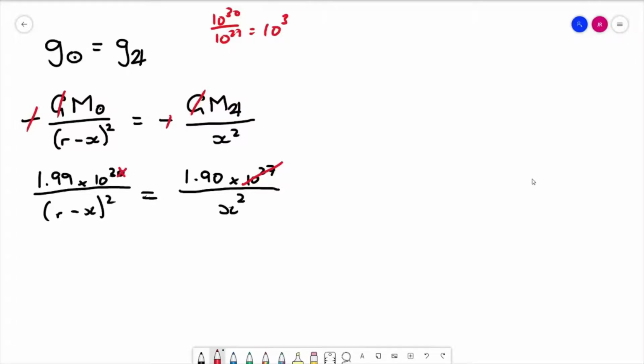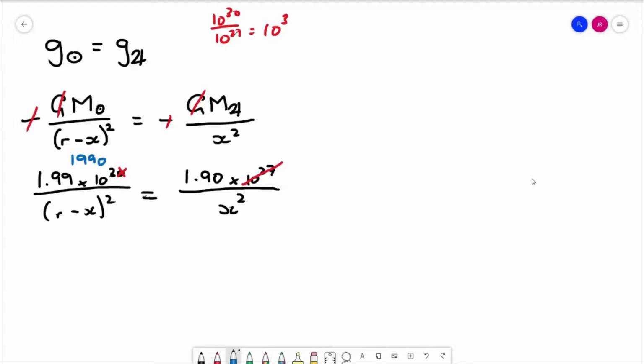That takes it down from 10 to the 30 to 10 to the 3. Of course 1.99 times 10 to the 3 is just 1990. So that's got rid of a decent chunk of standard form for us there.